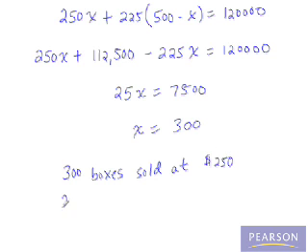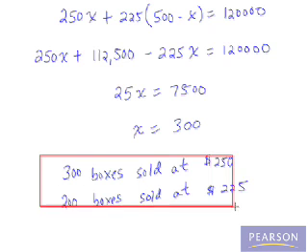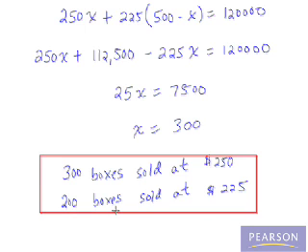And then that leaves us the other 200 boxes, or 500 minus X, 200 boxes were sold at $225. So there's our final answer. 300 boxes sold at $250 and 200 boxes sold at $225.